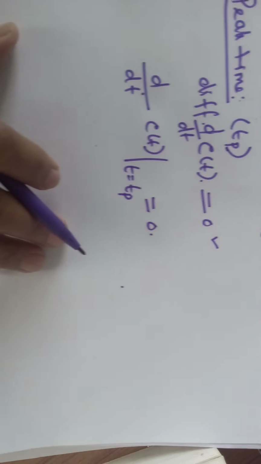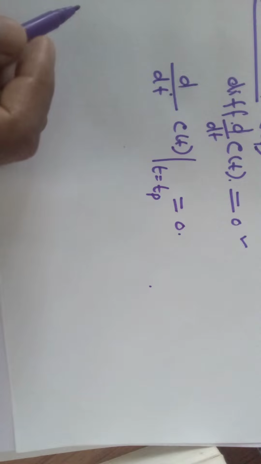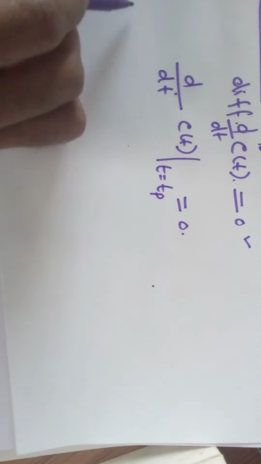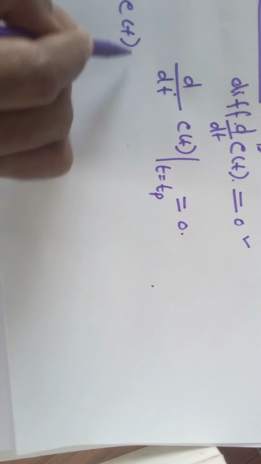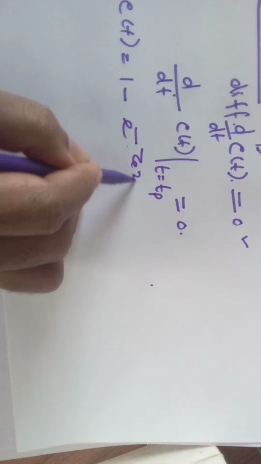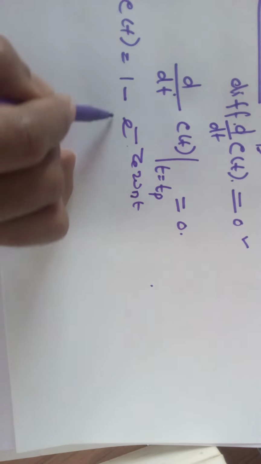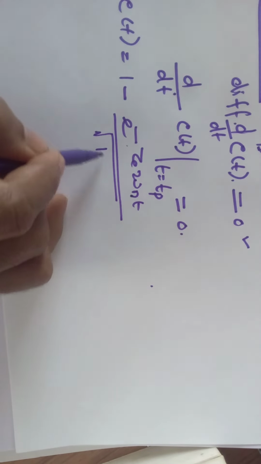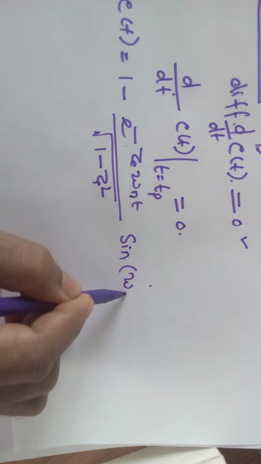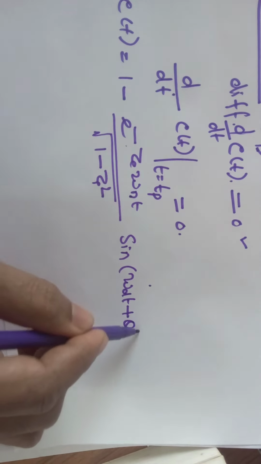Here also we are considering the response of your underdamped second order system. So, you know what is C of t. C of t is equal to 1 minus e power minus zeta omega n t divided by square root of 1 minus zeta square into sin omega d t plus theta.